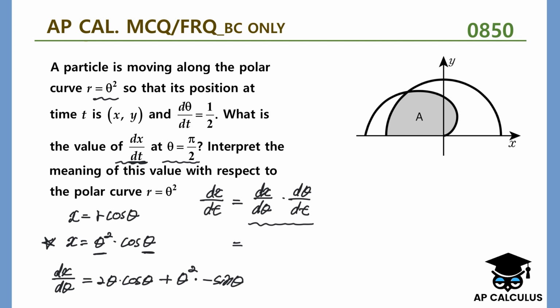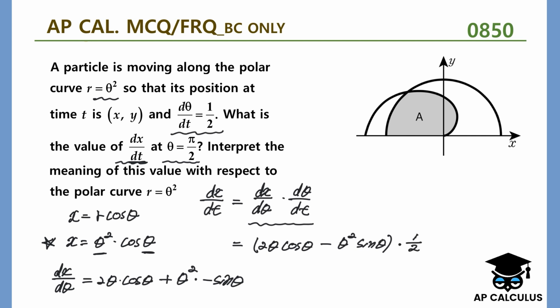So we have 2 theta cosine theta minus theta squared sine theta, times d theta over dt. d theta over dt is given. It's 1/2, so times 1/2.